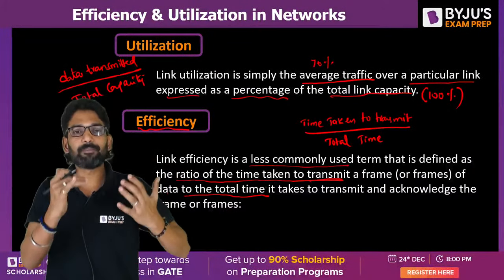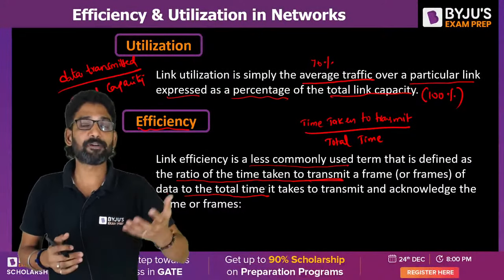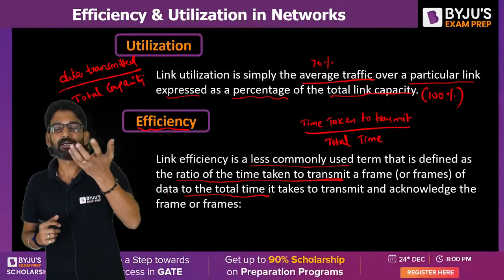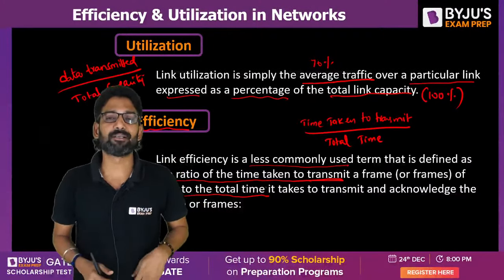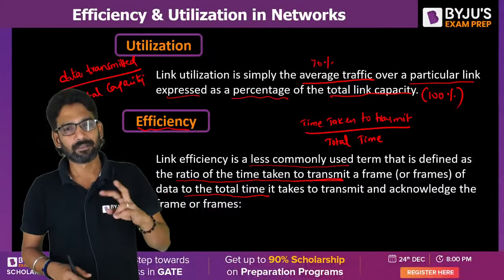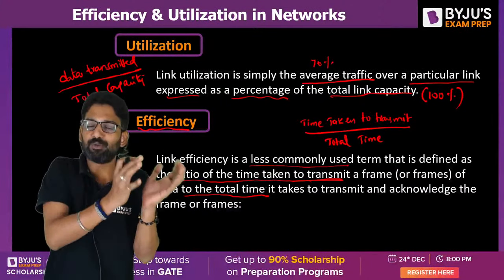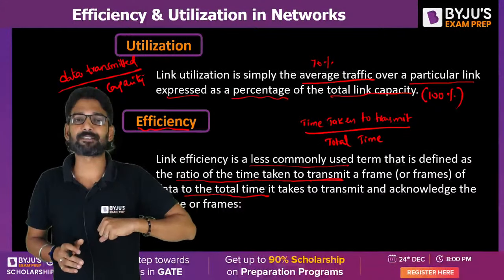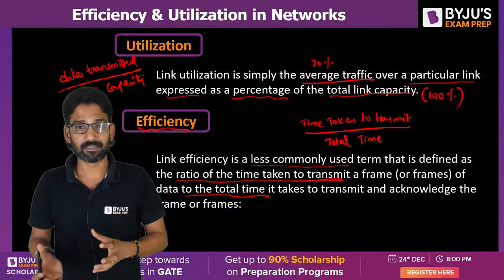So 50 by 60 is what utilization. Or if I talk in terms of time or in terms of marks, let's say for 100 marks you have attempted 70 marks. So both are talking about out of total how much you have attempted, but one is talking in terms of number of questions, other is talking in terms of number of marks, isn't it?